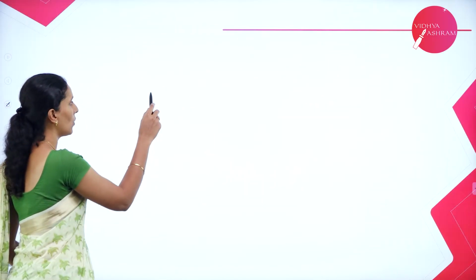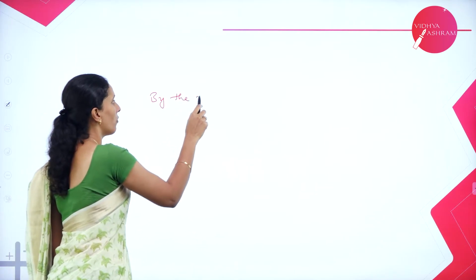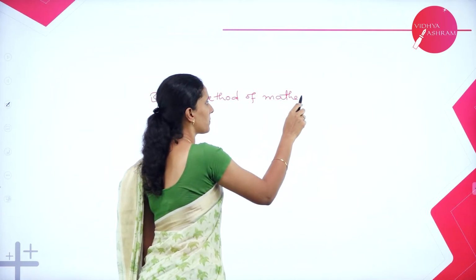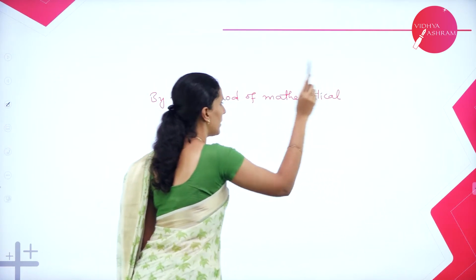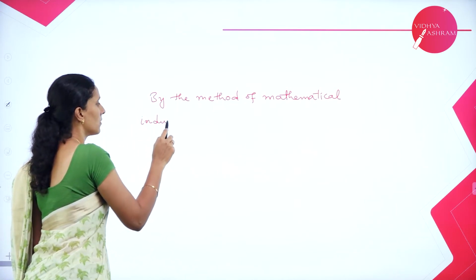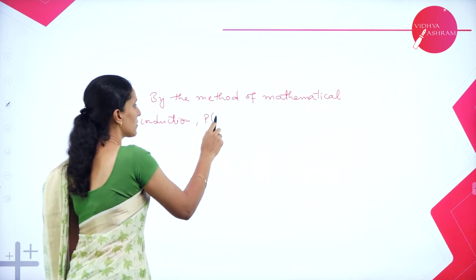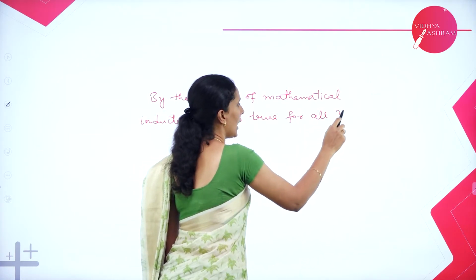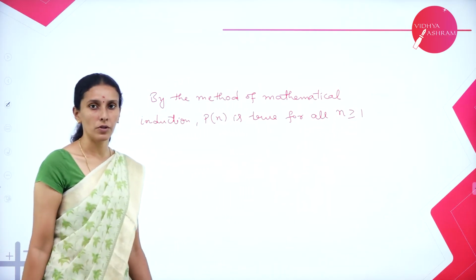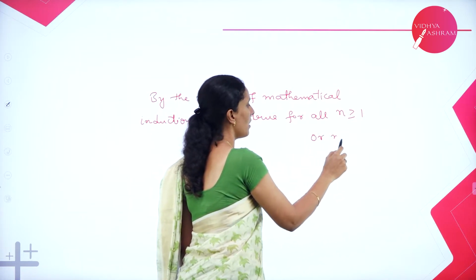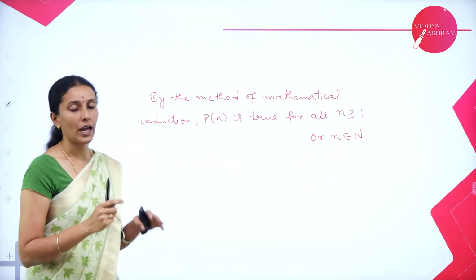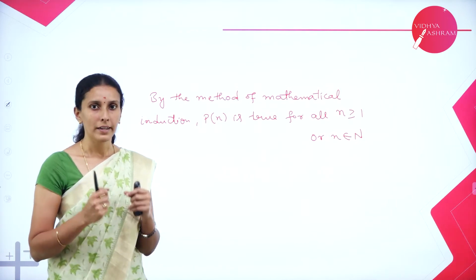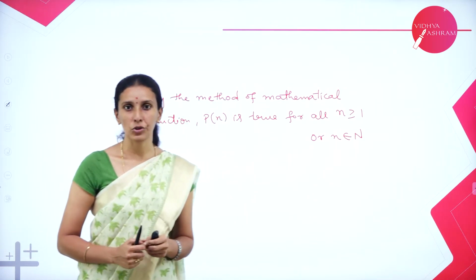So therefore what we conclude, by the method of mathematical induction, P of n is true for all n greater than or equal to 1, that is all positive integers n, or you can write n belongs to N. So therefore we can conclude the given statement is true for all possible values of n, but n must belong to the set of natural numbers.